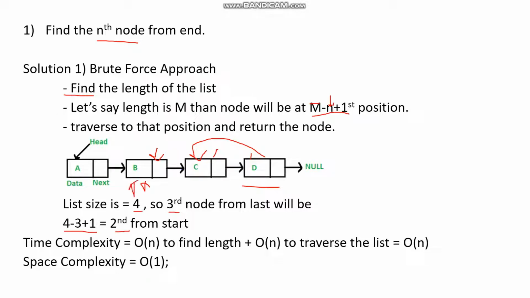So this will be the second position from the start and the third position from the end. What will be the complexity of this algorithm? O(n) to find the length of the linked list and O(n) to traverse again to find the node from the beginning, and the space complexity will be O(1) because we did not use any extra space.